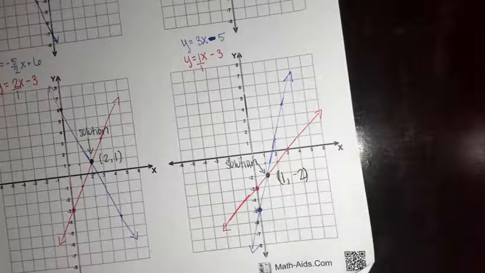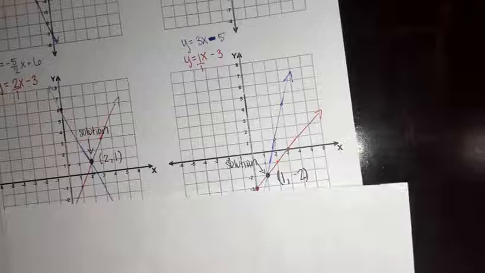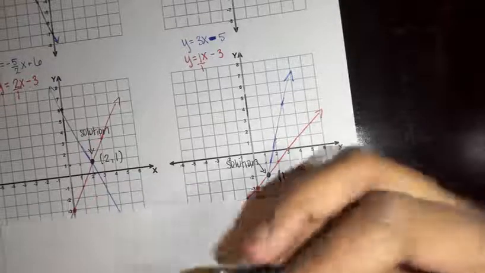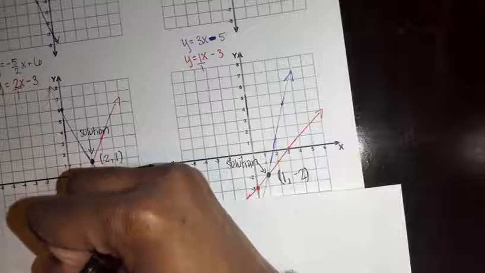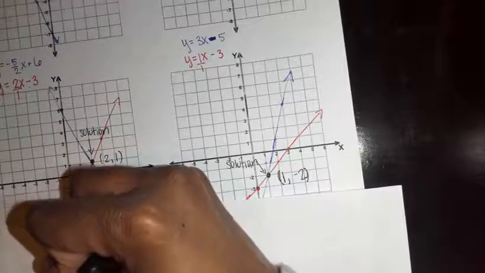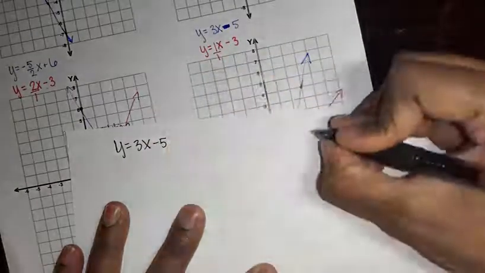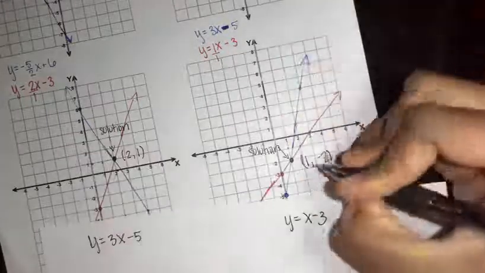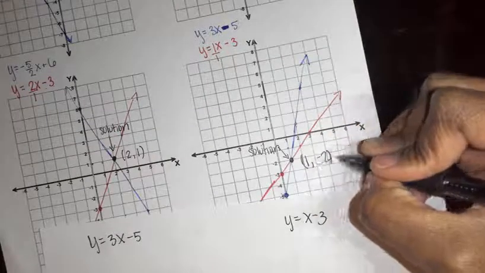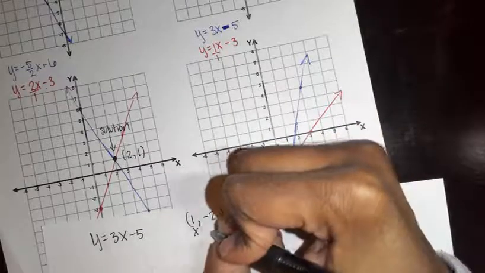So now I'm going to plug those values in. I have y equals 3x minus 5, and y equals x minus 3. And the coordinate that I found as my solution is (1, -2), where that is x, that is y.